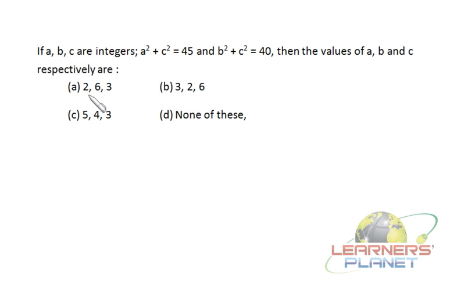Let's see. It's a square plus c square, that is 4 plus 9. It's not 45, so it's cancelled. Now from this, a square plus c square is 9 plus 36, that is 45. The first step is clear. Now b square plus c square is 4 plus 36, that is also 40. That means 326 is the correct choice. No paperwork is required at all.